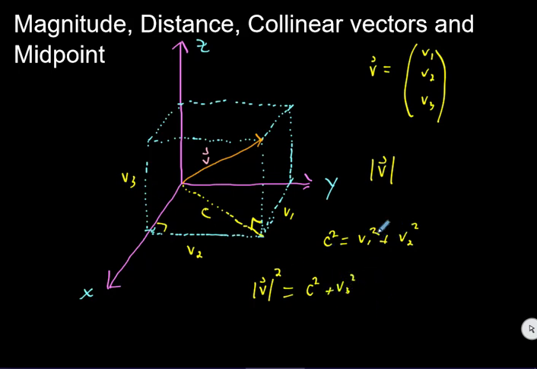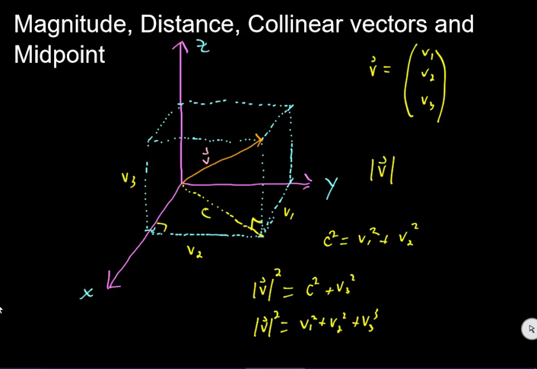Since we know from substitution that c squared is equal to v sub 1 squared plus v sub 2 squared, then the magnitude of our three-dimensional vector squared is going to be v sub 1 squared plus v sub 2 squared plus v sub 3 squared.